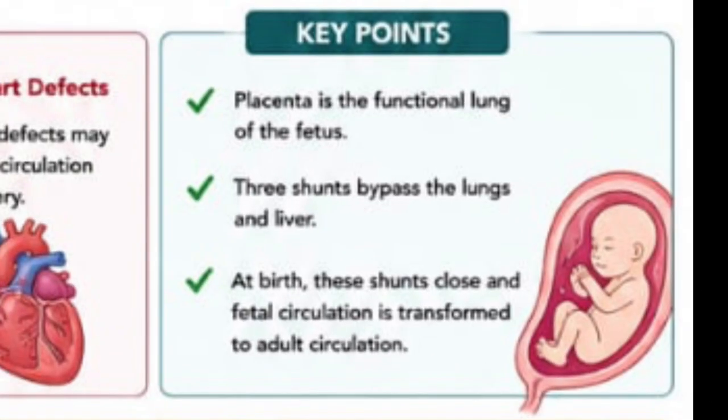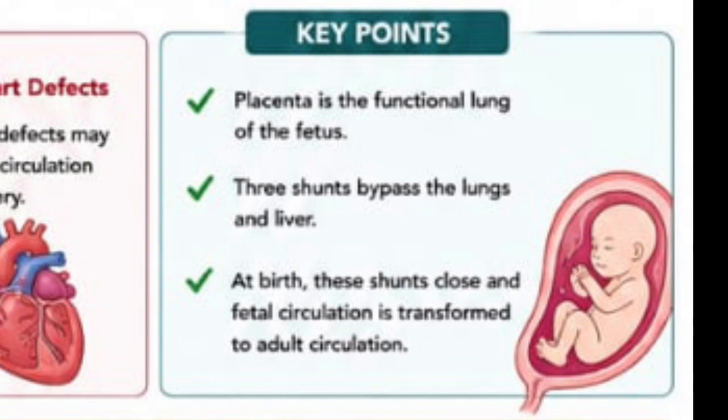So the placenta is the functional lung of the fetus. Remember, because the fetal lung is not functional, the placenta has to reperfuse the blood between the mother and the child. It helps the child to circulate good blood. There are three shunts, which are the ductus arteriosus, the ductus venosus, and the foramen ovale.